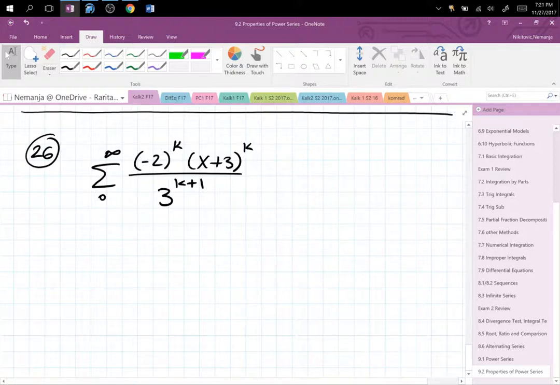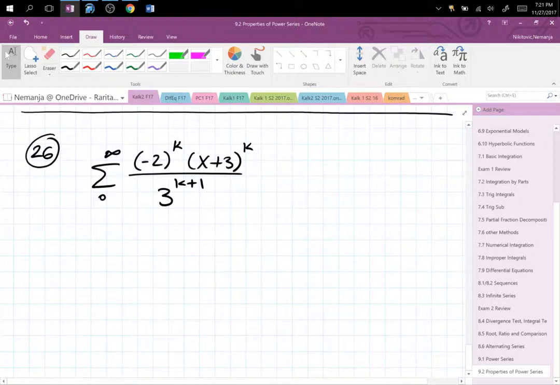Guys, let's use a little bit of algebra over here. -2 to the k is the same as -1 times 2 to the k, which is -1 to the k times 2 to the k, using a basic algebra rule.